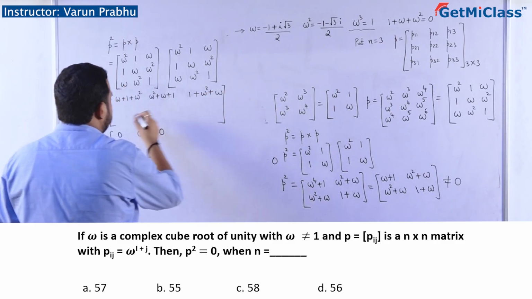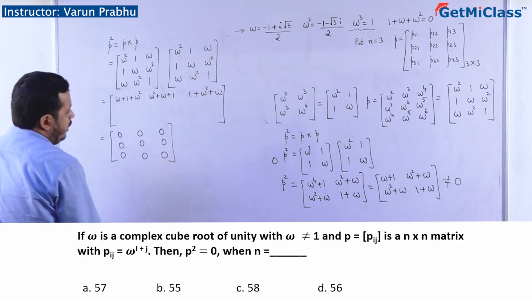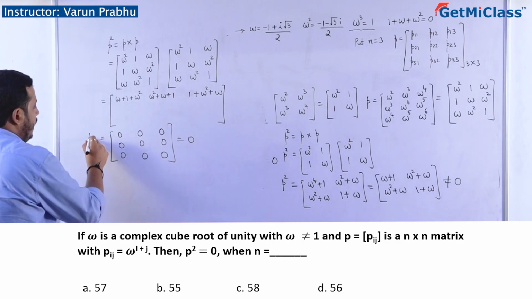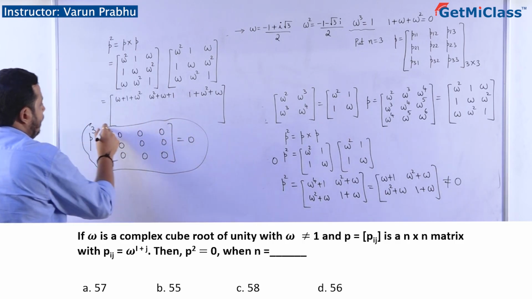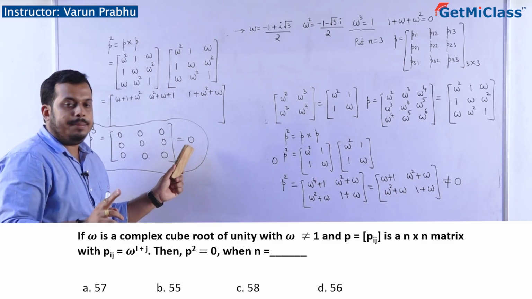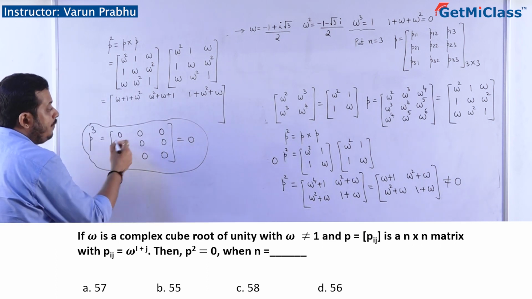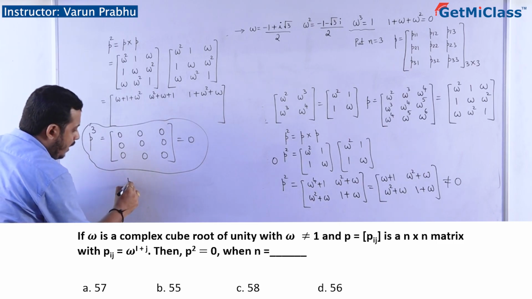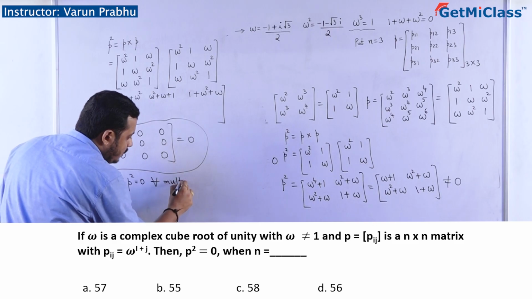If you see, all the elements are of the form 1 plus omega plus omega square, so everything will become equal to 0. So P square will become equal to 0 for all multiples of 3.